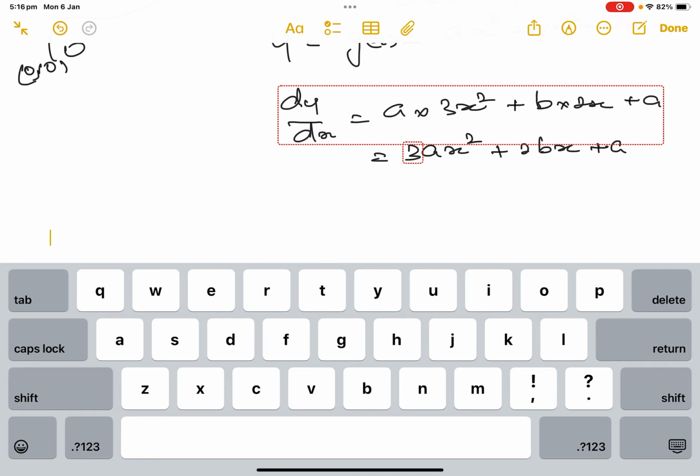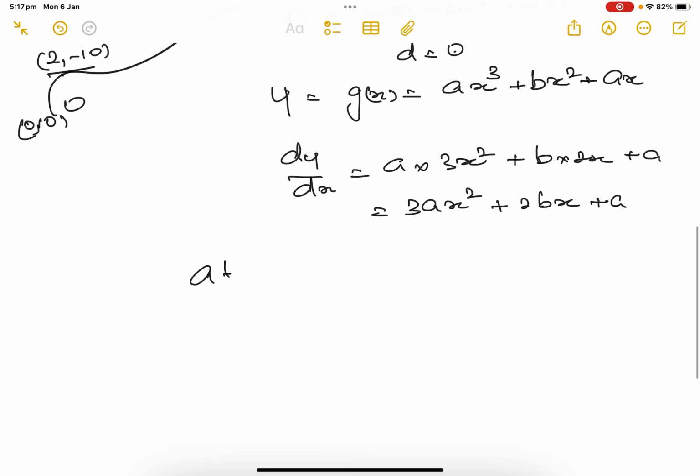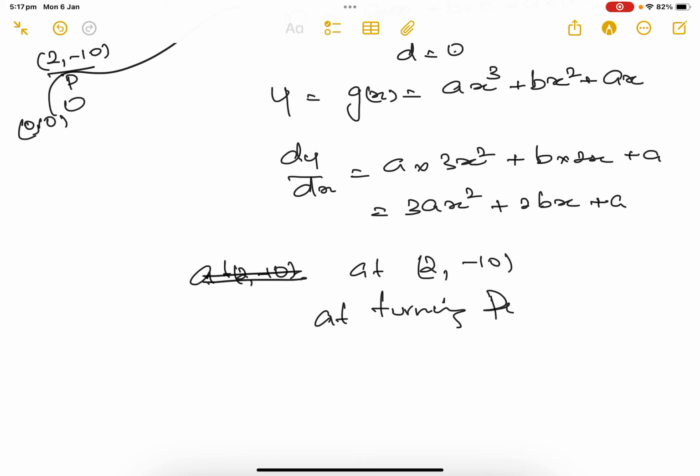So at the turning point (2, -10), say it's P or whatever, dy over dx, which is the gradient, equals 0.